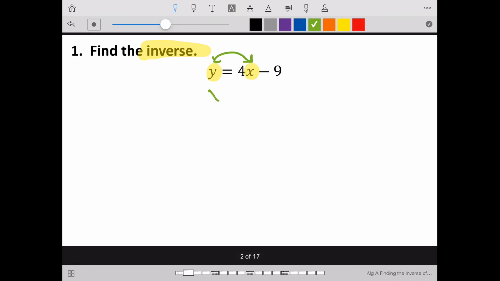So I'm going to put the x over here and the y over here. I switch the x's and the y's. Now I'm going to focus on getting the y by itself. To do that, I'm going to start by adding 9 to each side.